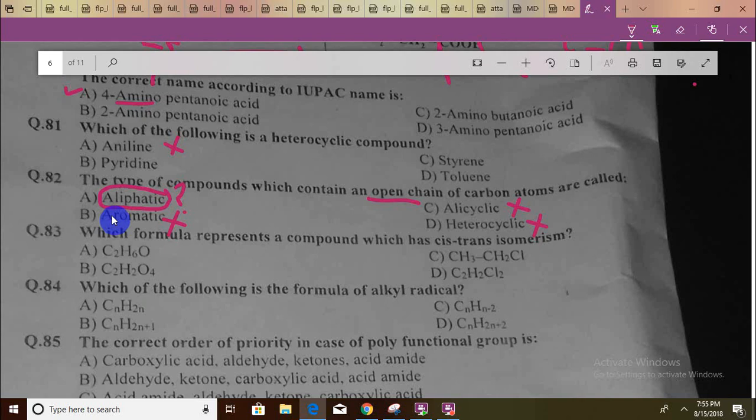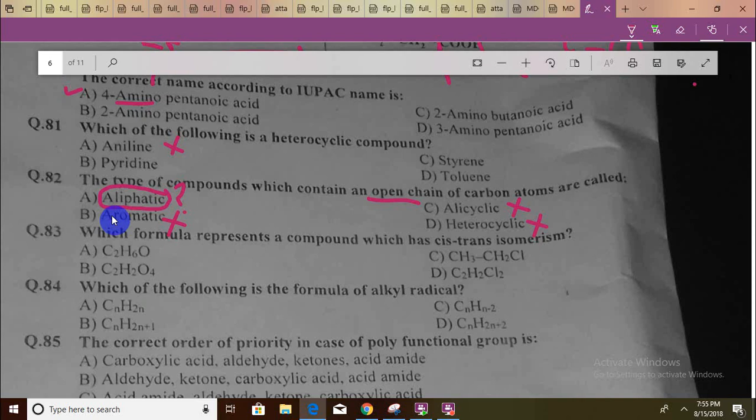Homocyclic is divided into alicyclic or aromatic, meaning homo means they all need to have carbon, no other. Alicyclic is whether it's in an aromatic formation or in a non-aromatic formation. And heterocyclic is saturated and unsaturated, and unsaturated is divided into aromatic or non-aromatic. For heterocyclic, we don't use the term alicyclic for non-aromatic. This is something you need to remember, because this is again something we have not done.